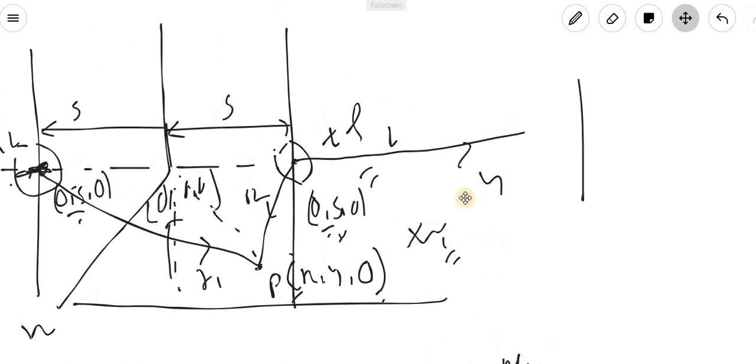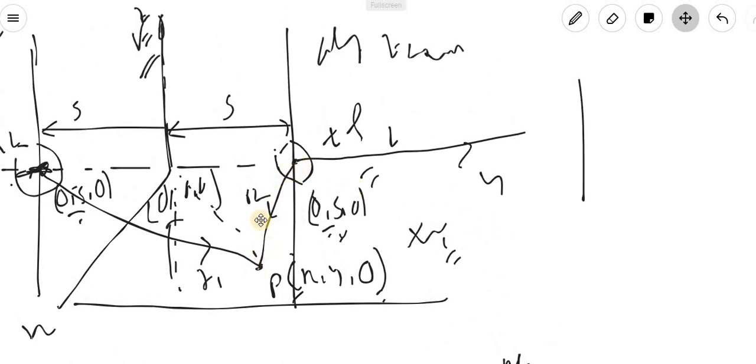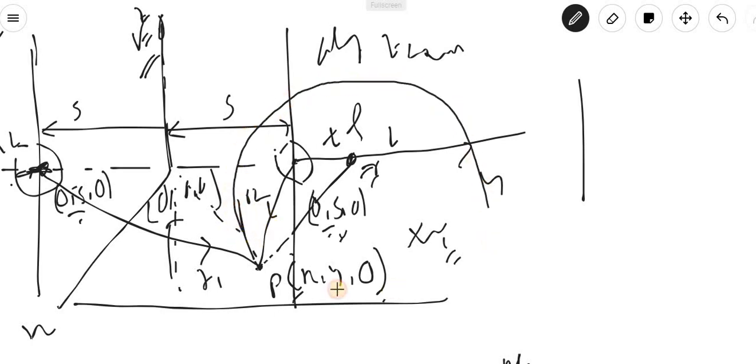Now we can consider with respect to any point, R, suppose we make a circle with this R. So this is R1 and this is R2.